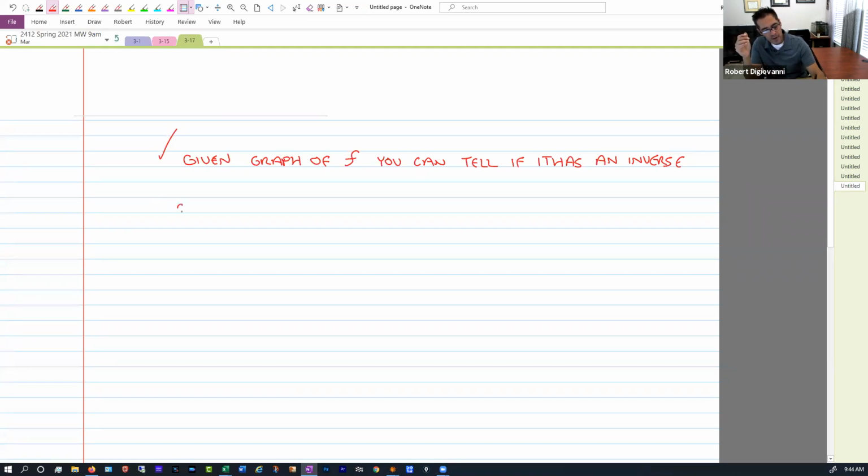Now, if you're given two functions, you can also tell if they are inverses.